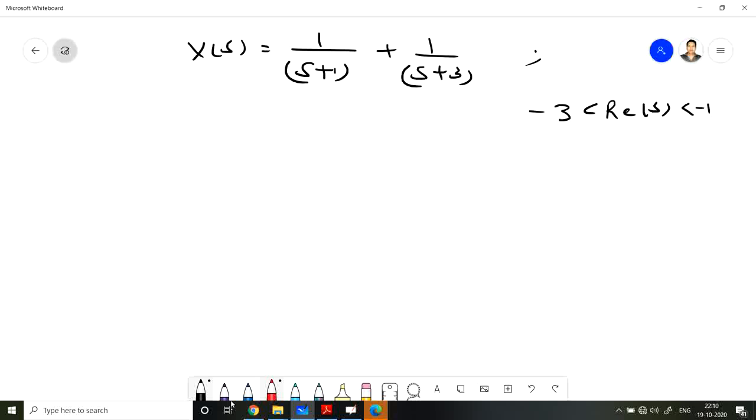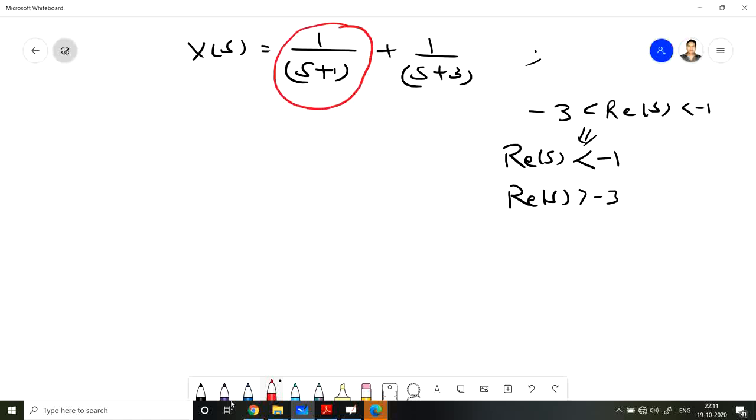The real part of s is less than -1, and also the real part of s is greater than -3. The part where the real part of s is less than -1 means this signal is left sided.